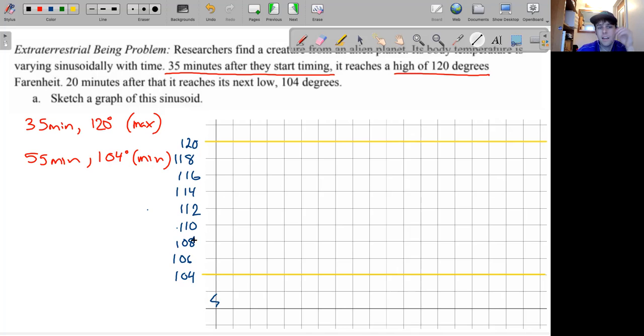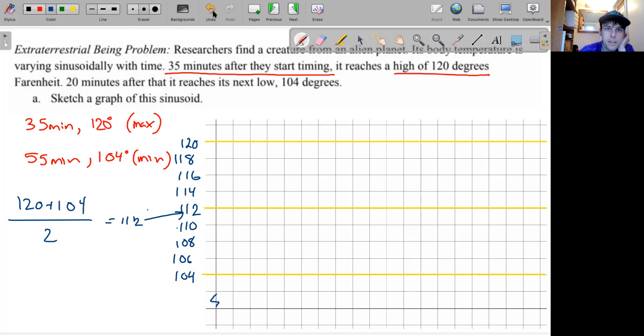In the middle, our midline would be the average of those. So we have a midline value of 112. If you're not sure, I just averaged those numbers together: 120 plus 104 over 2, which gives 112. But again, you don't really need to do that. You could just count it off however you find that midline.